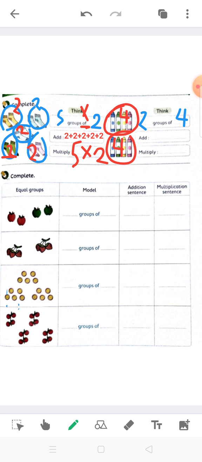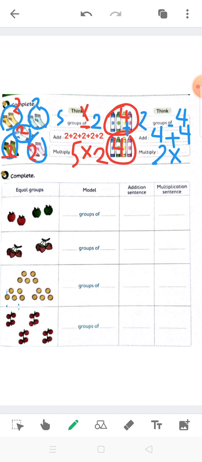I need to know the addition sentence. What do we have here? 4 plus 4. What does it equal? 8. To know the multiply sentence, I put the sign first. How many groups? Remember, the word "of" means multiply.